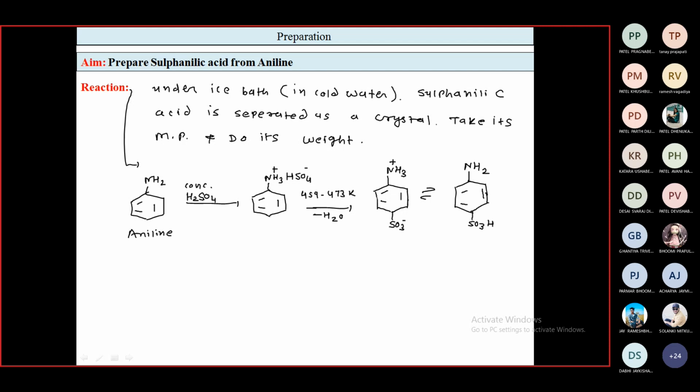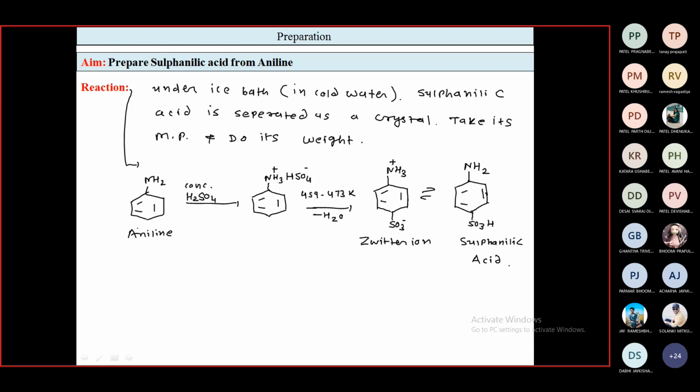This is sulfanilic acid. This is called a zwitterion, a single molecule having both positive and negative charge. So this you can call the reaction.